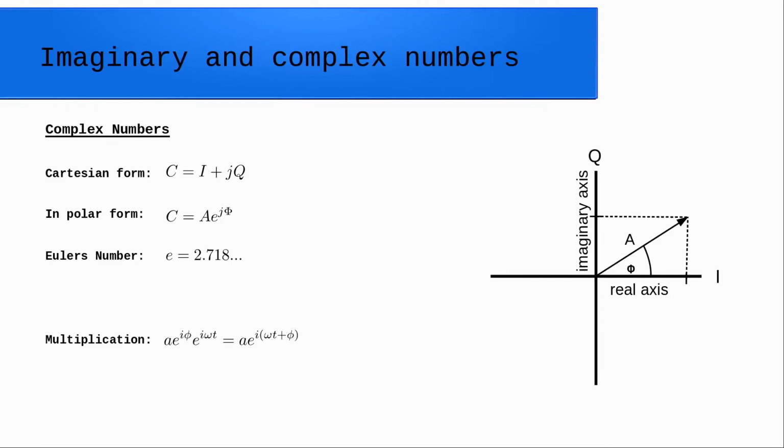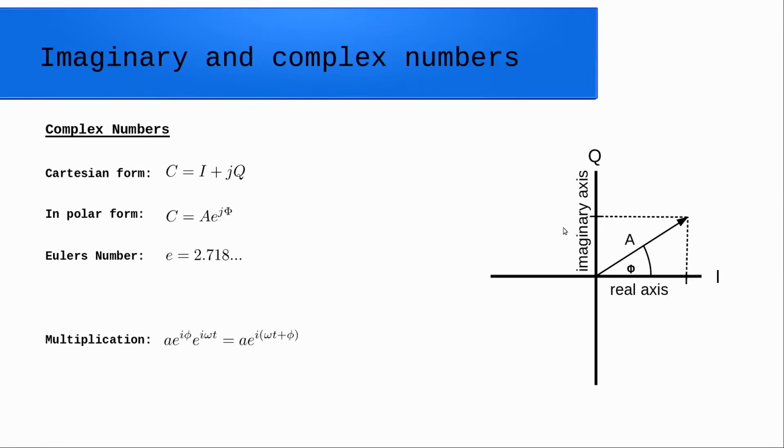The most often used form is actually the polar form, where we add Euler's number. So it becomes c equals a multiplied by e to the power of j phi, which is our phase here again. In this case, our in-phase axis becomes our real axis, and the Q-axis becomes our imaginary axis.